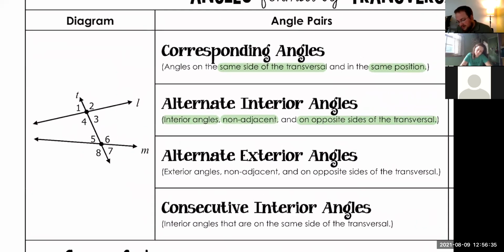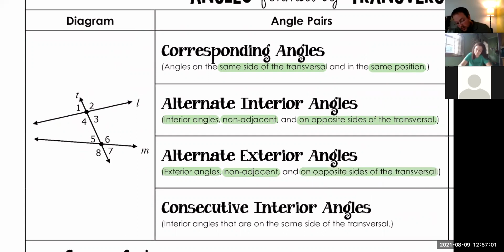Third one, kind of similar, using some of the same vocabulary. This time focused on exterior angles. So all the other angles we weren't just considering. So 1, 2, 8, and 7. Again, they are non-adjacent, meaning not sharing the same vertex, not attached to each other. And because they are alternate again, they are still on opposite sides of the transversal.